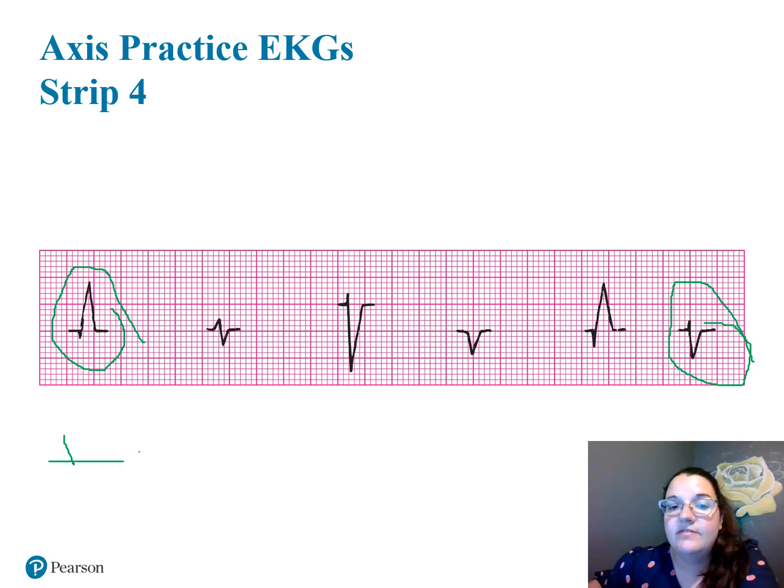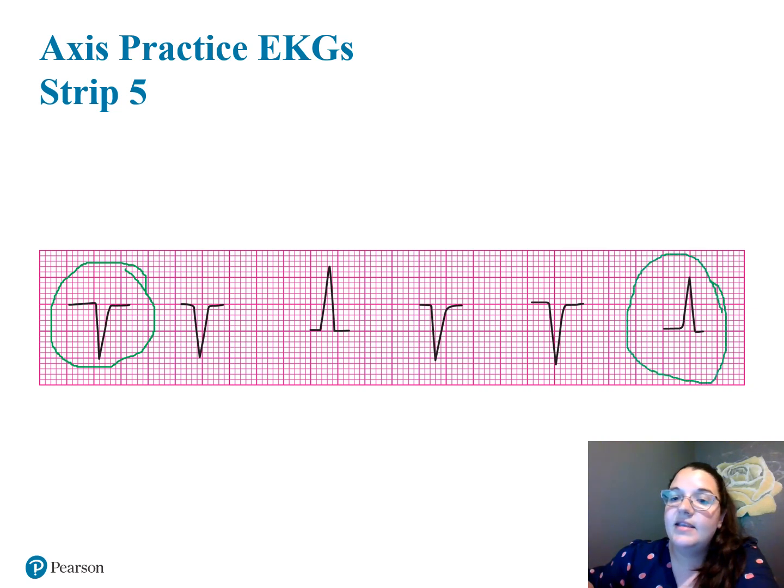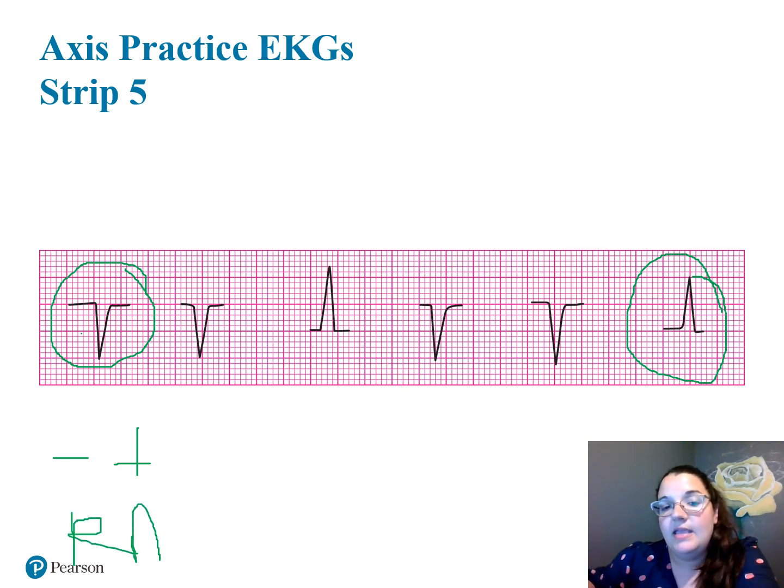If I am a positive negative, I am LAD. And then lead 1, I am negative. And AVF, I am positive. I am a negative, then a positive. Again, lead 1 and AVF, I am a RAD. And I am in between the positive 90 and the positive 180.